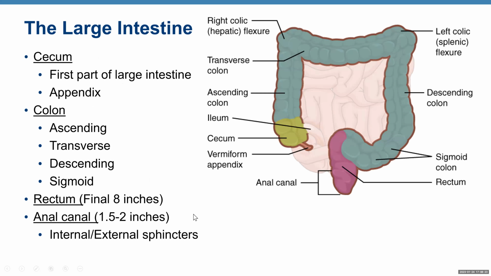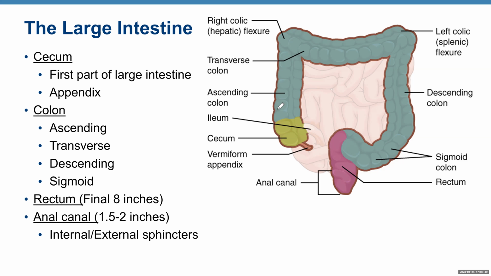So the anatomy of the large intestine is described over here on the slide. The first part is the cecum. It's the first part of the large intestine, and the appendix is attached to the cecum. The ileum connects to the cecum, and between the ileum and cecum we have the ileocecal valve.